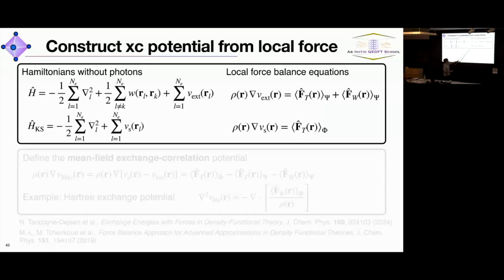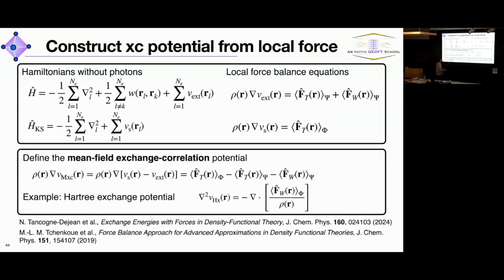So now if I subtract these two, we can define the so-called mean field exchange correlation potential. This depends on the exact wave function, and if you know it, you can solve for the potential.